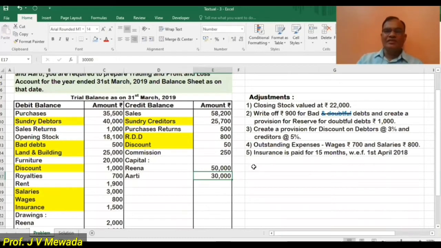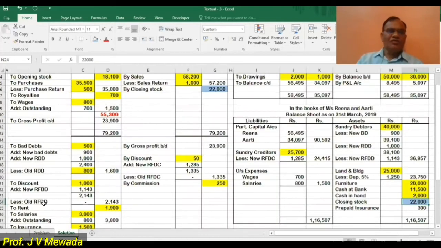Second adjustment is bad debts. So write off 900 for bad debts. So we'll write off 900 on the debit side of profit and loss account as new bad debts, and 900 we are going to subtract from the debtors in the balance sheet.